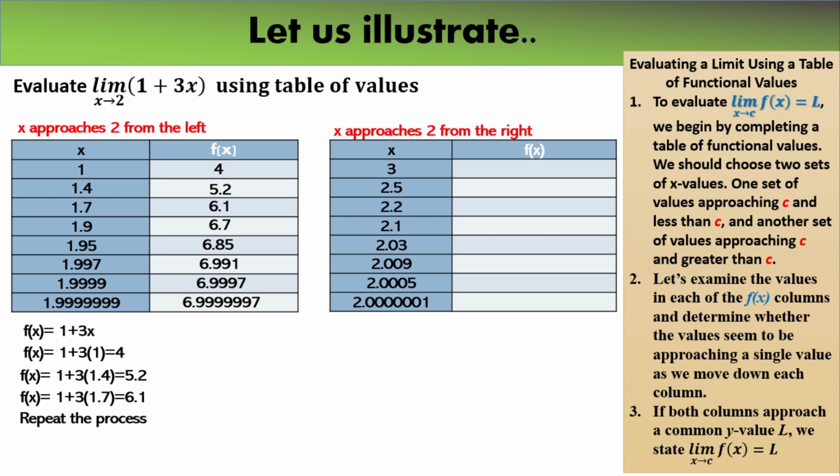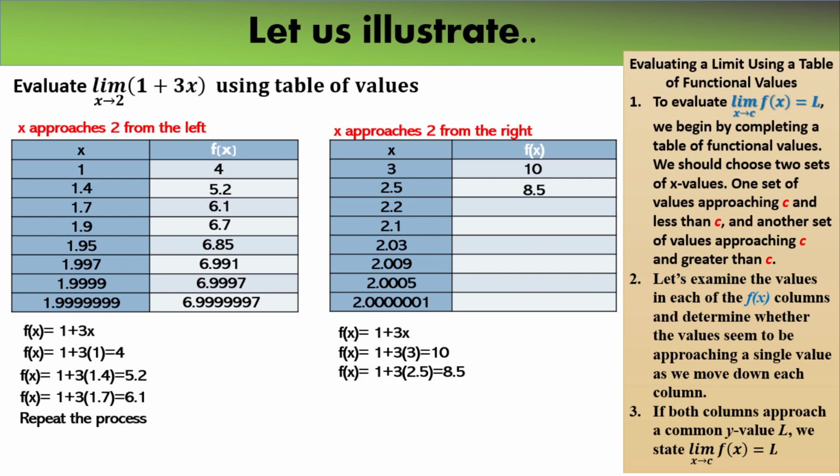Sa right side naman tayo, let's substitute the values of x into our function, which is 1 plus 3x. For x equals 3, ang f of x natin ay 10. For x equals 2.5, ang f of x natin ay 8.5.